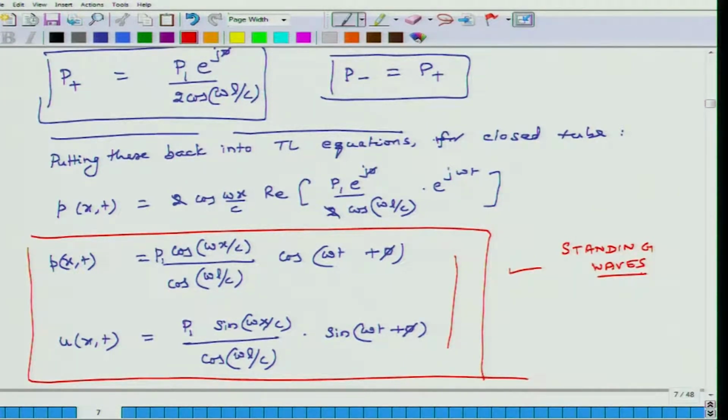Also, if you put in the value of x equal to 0 in this equation, you will see that u comes to be indeed 0 at x equal to 0, which is consistent with our boundary condition. And also, if you put in the value of x equal to minus L and you do this whole computation, you will find that the boundary condition for known pressure at x equal to minus L is also satisfied. So that is the second comment I make.